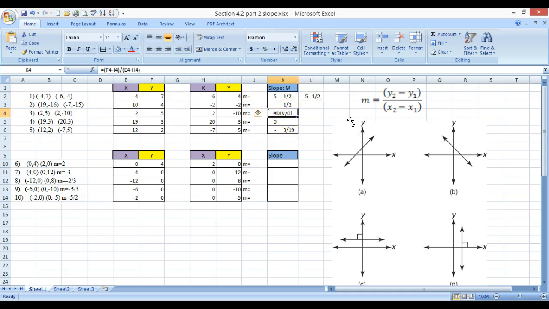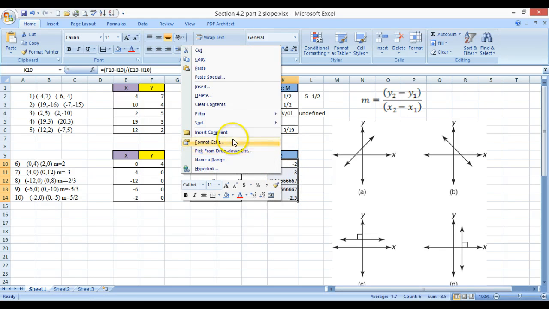Down here you'll notice it's kind of giving you an error, a number divided by 0 with an exclamation point, saying, hey wait, something went wrong here, so you need to interpret this as undefined. And then I can do the same thing here, equals my y minus y, and I used my first one, so I'm going to keep track of that in my head so that when I subtract the x's, I use my first x, minus the second x, and there we go on these ones, and click and drag, and I have those.